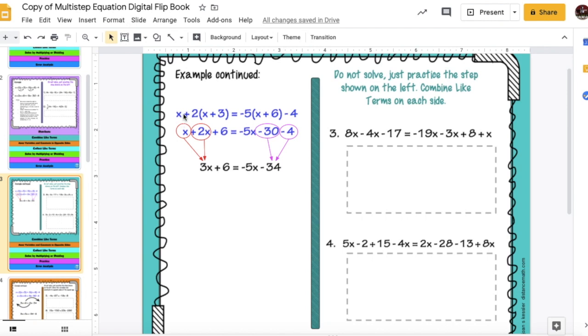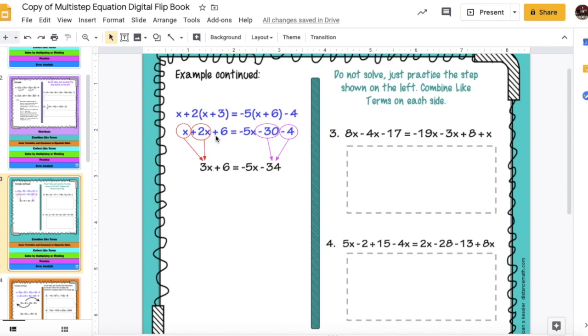So here's our problem from the last slide, and that first step we did by distributing. Now I'm looking just at the left side of this equation, and I can see there's two terms that have x in them, so I'm going to combine those. If there's no coefficient, it's a 1, so this means I have 1x plus 2x's is 3x.